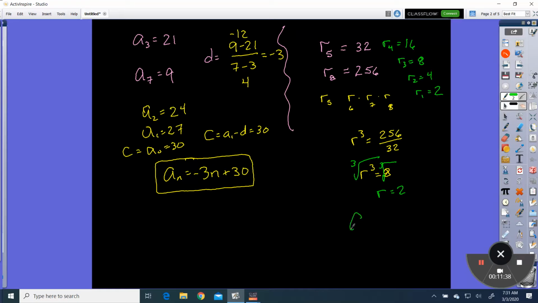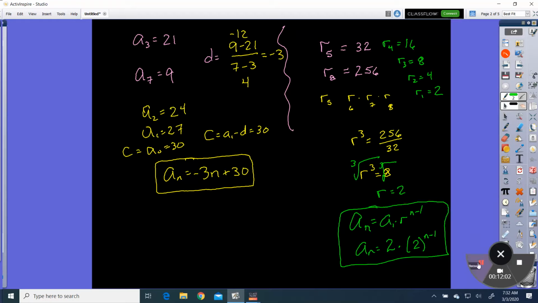So my general equation for this would be AN equals A1 times R to the n minus 1. So A1 is 2, and the R is also 2. I should have used a different number. So anyways, that's how you come up with the general equation for those problems.